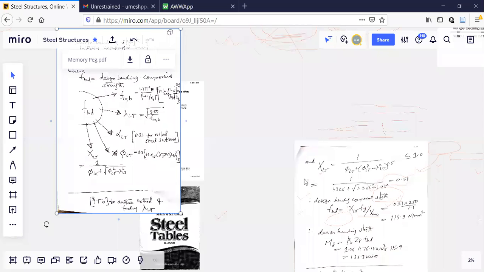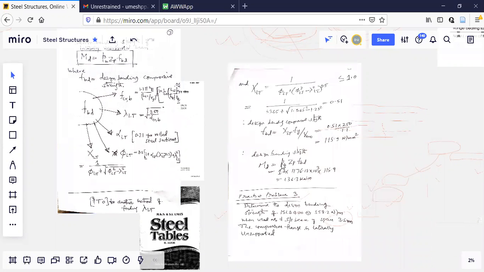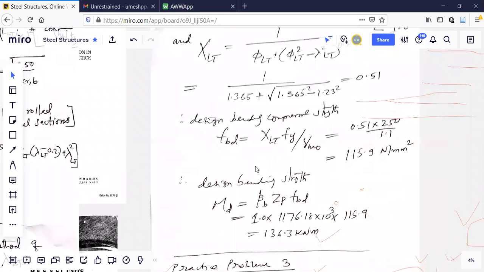After finding chi LT, you observe how I am getting FBD. Now you can see I got chi LT 0.51. Now finally we reached the design bending compressive strength, FBD equals chi LT Fy by gamma m naught.